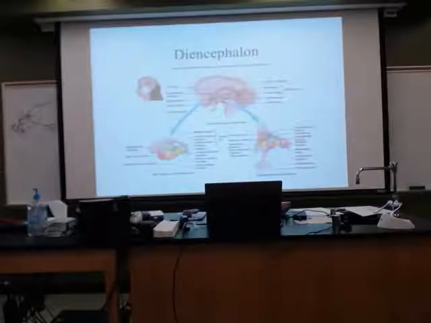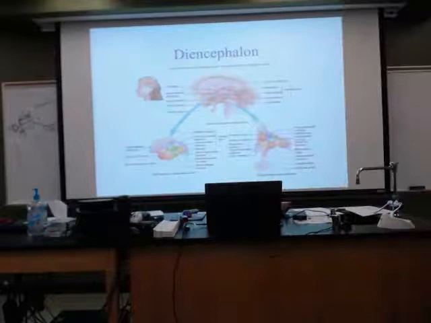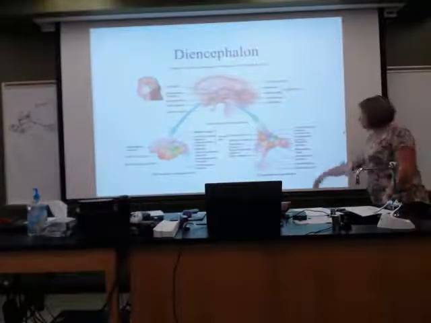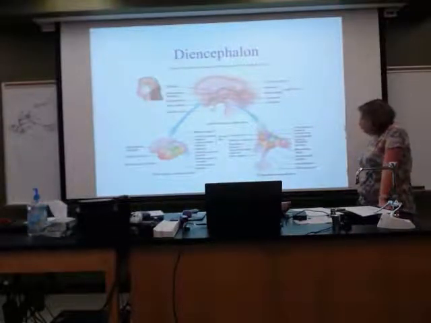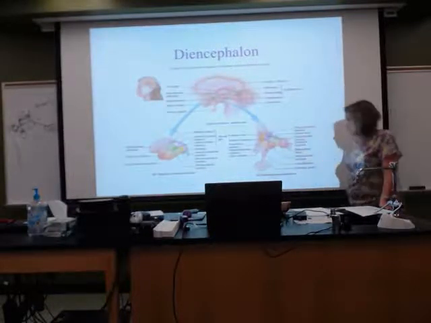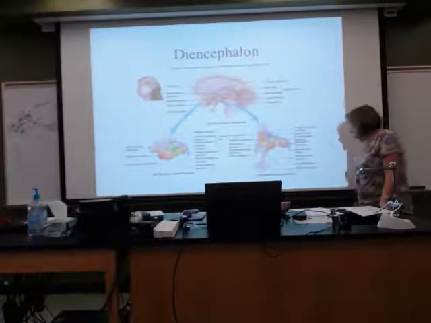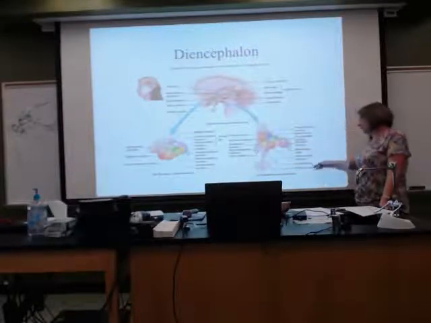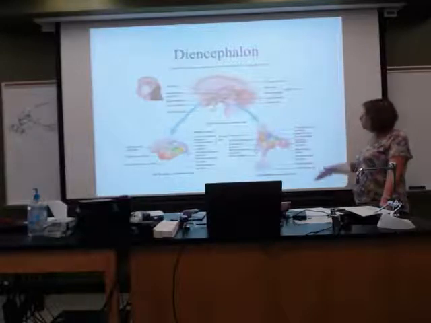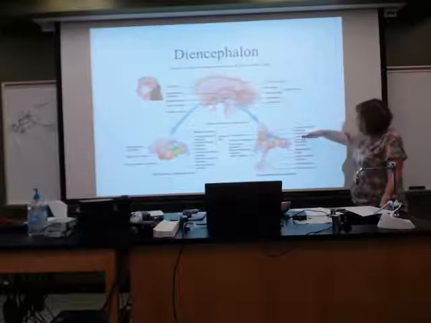Now look at my hypothalamus. Paraventricular, preoptic, anterior, supraoptic, suprachiasmatic, optic chiasm, my pituitary gland, infundibulum, ventromedial, a mammillary body, posterior nucleus, dorsomedial, lateral.